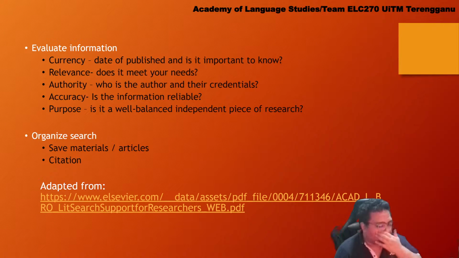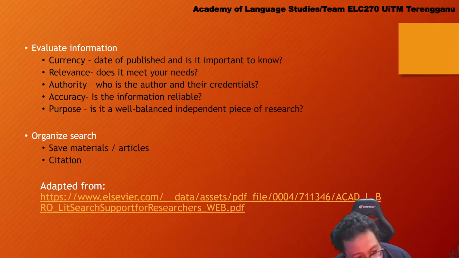Alright. So first off, when you get the literature, you evaluate the information first. You find the currency, not the money, but the currency, meaning how current that article is. For example, the date is 2019. Is it current or not? Currency means the date the article or book was published, and it's important to know.